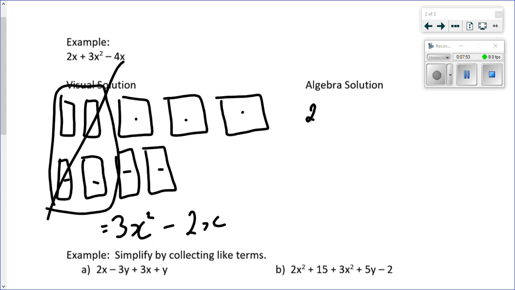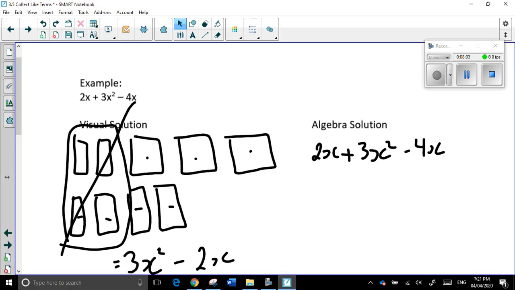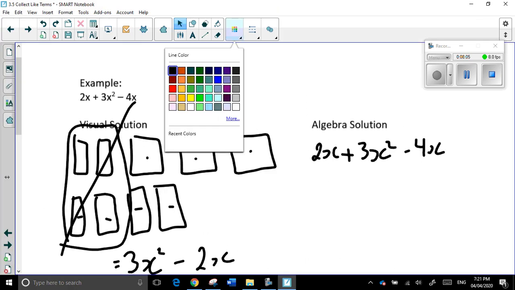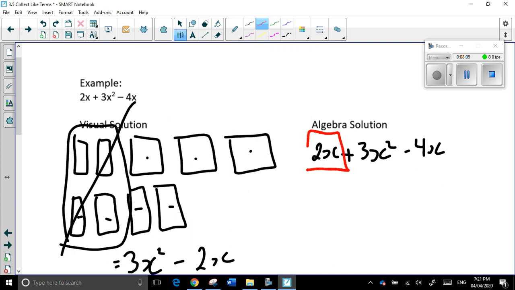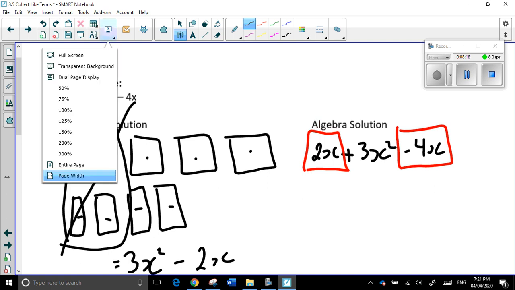Algebraically, what we're doing is we're identifying what terms match what. I'm going to change color here. Notice that there is a difference in colors.